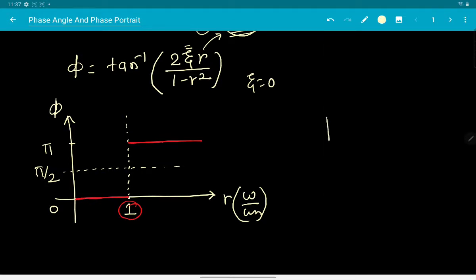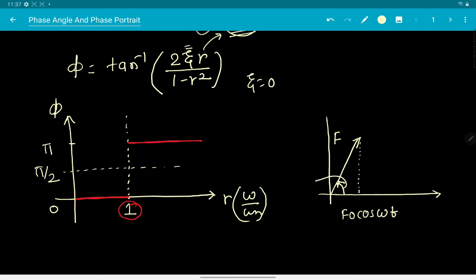We already have talked about it, that this is the phase difference between the force and the displacement. So let me say that at a certain time this is an f vector. Its projection on the x-axis will be f0 cosine omega t, so this angle is omega t.